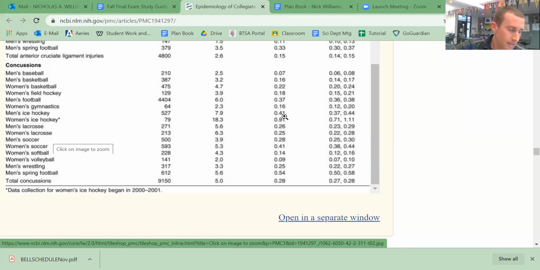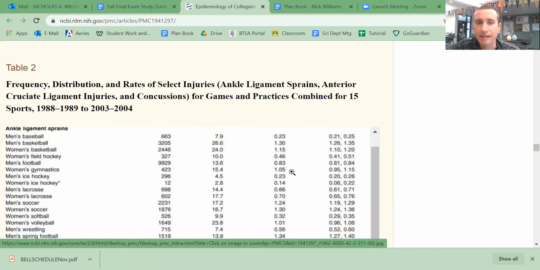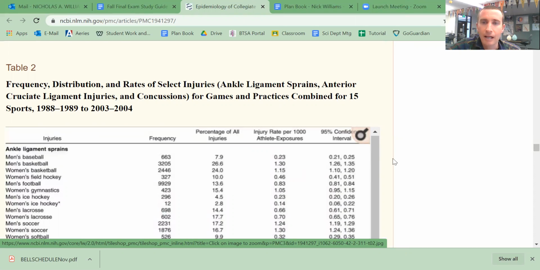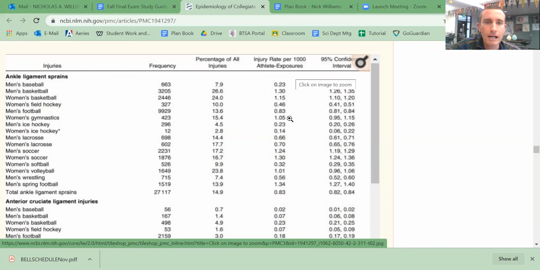So for the column, I'm going to look at concussions. And we're just going to pay attention to which numbers really stand out. So I'm going to pay attention primarily to injury rate per 1,000 athlete exposures. And we'll go through and just see what I can find. So it's right here, up and down.